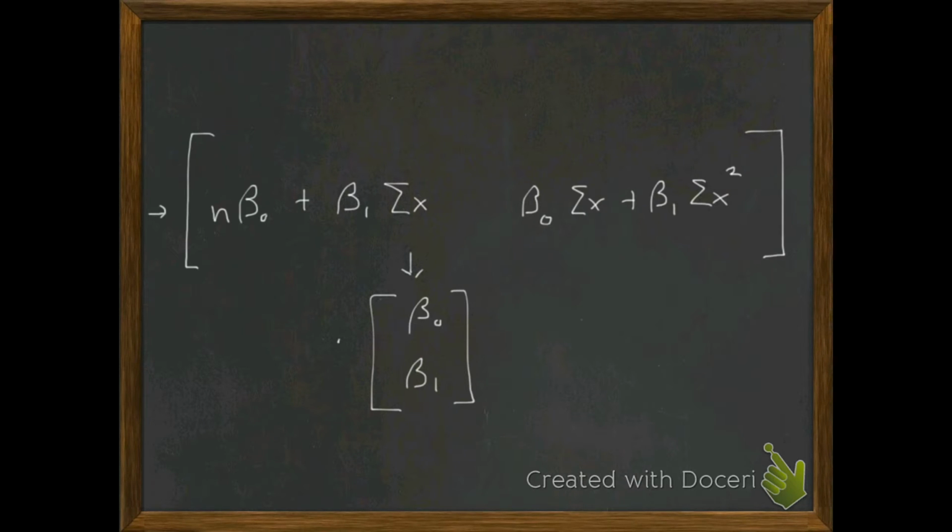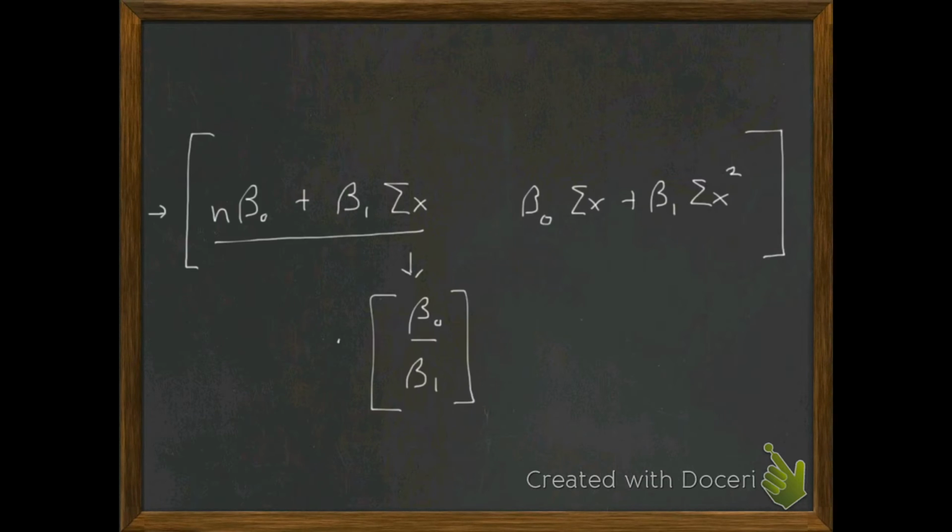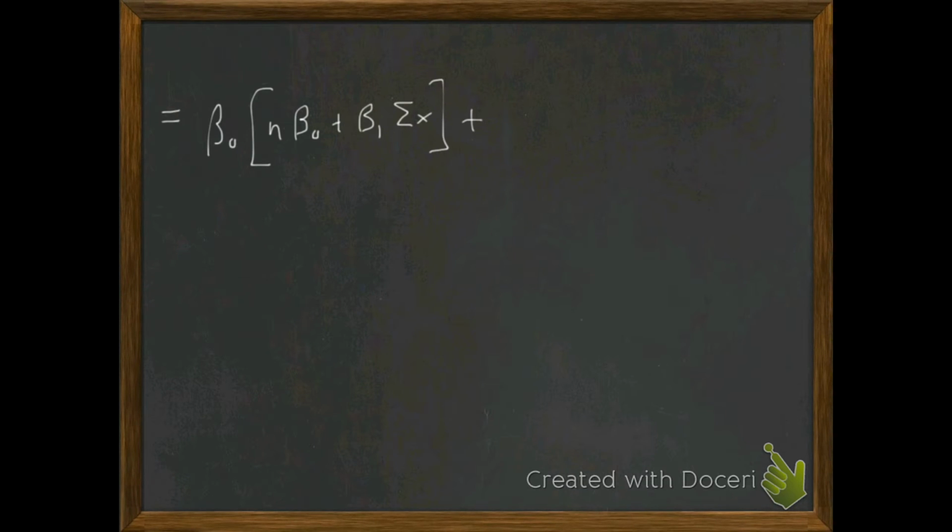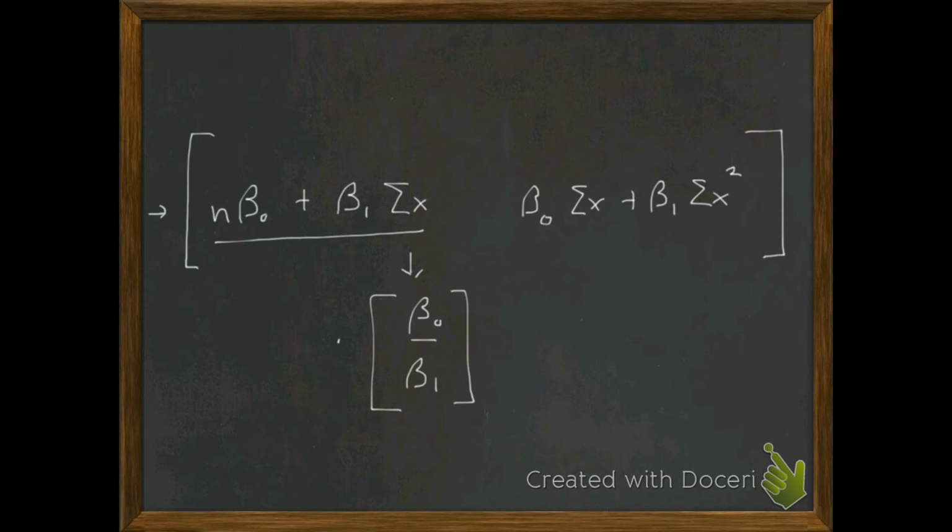Let's go back here. So I'm going to take beta 0 times this expression plus beta 1 times this expression.